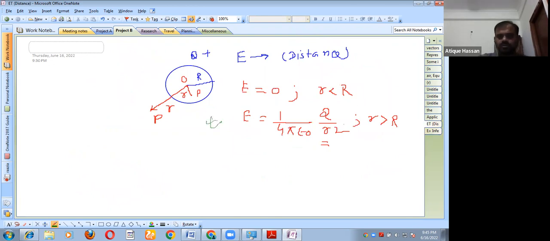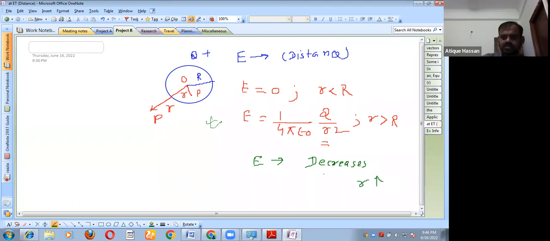Now, considering this, for outside points, from this expression we can say that the electric field decreases as r increases.